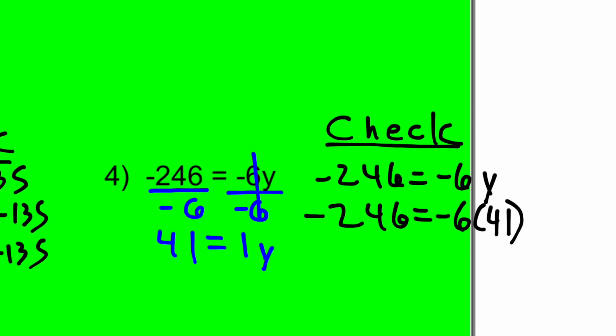Both sides are equal to negative 246. Can do a little mental math here, right? 6 times 40 is 240. 6 times 1 is 6. That's 246, and it's a negative multiplied by a positive, so it's negative.